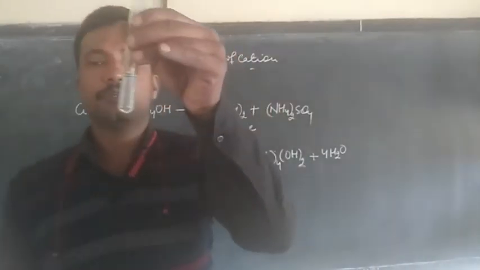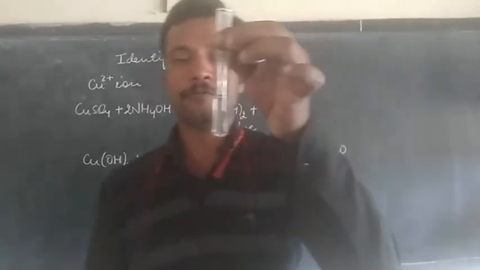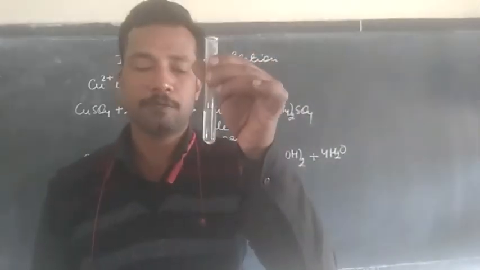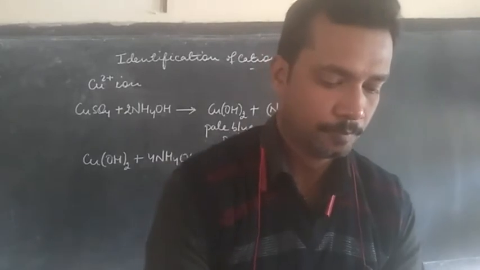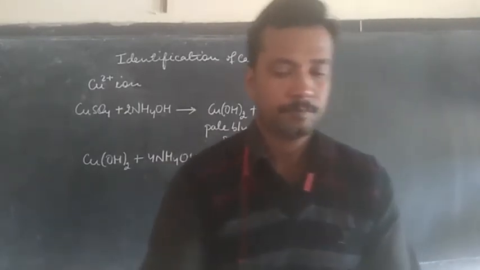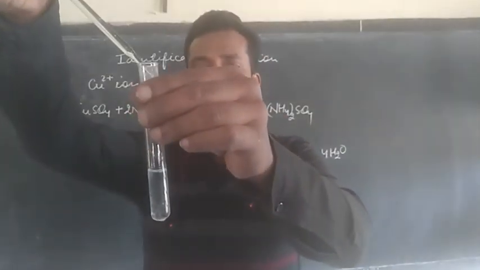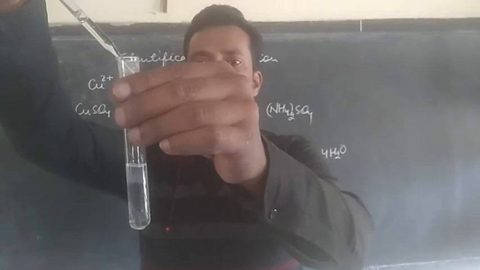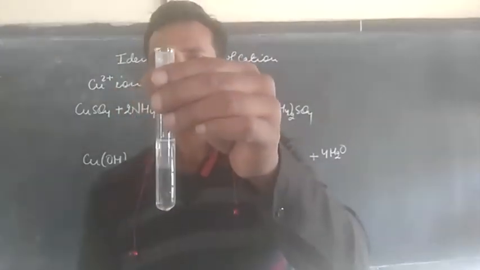Now what I am going to do is add ammonia solution to find out if there is any formation of precipitate or not. So let's see. I have taken ammonia solution and have started to add it here. We can see no such visible precipitate forms.